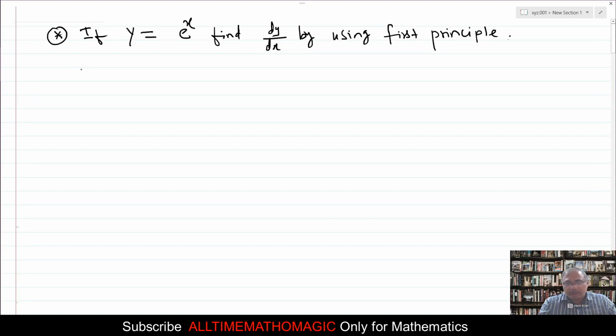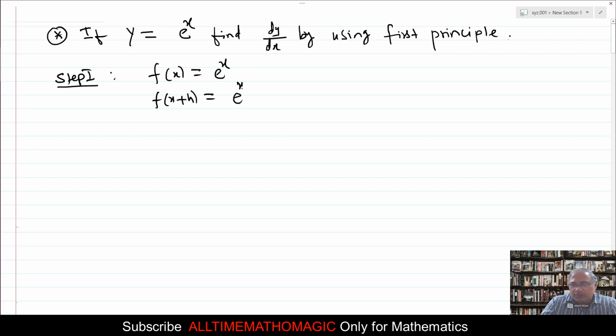Next example: if y is equal to e raised to x, find dy by dx by using first principle. Step 1: f of x equals e raised to x, f of x plus h equals e raised to x plus h.